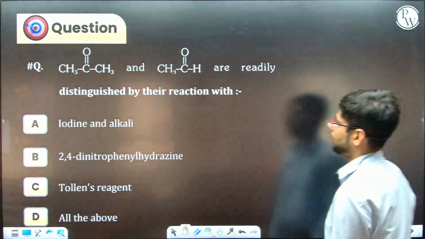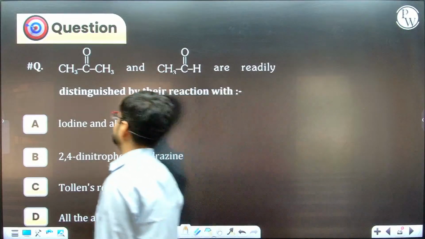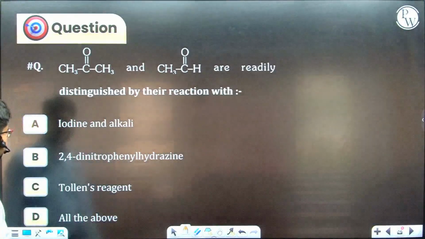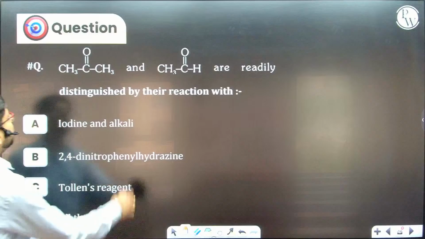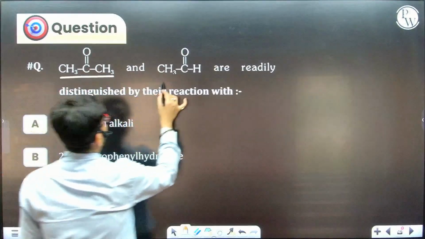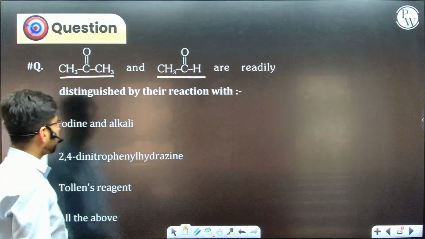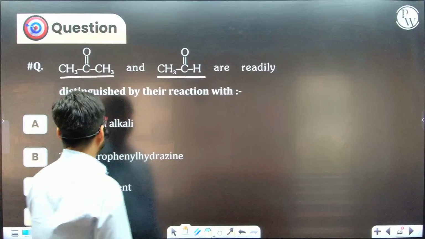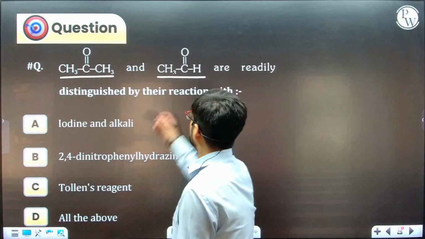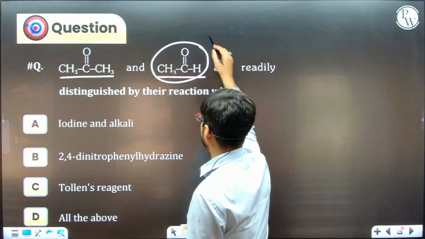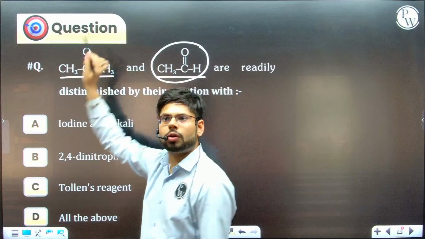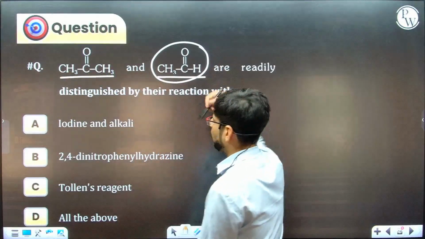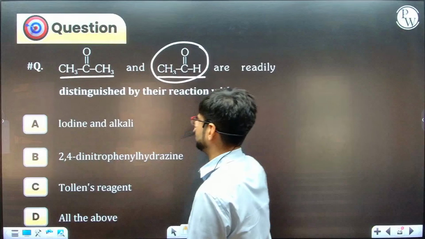Next question. Are readily distinguished by their reaction with. Okay. Again, this is a ketone. This is an aldehyde. So, Tollens reagent will be used to distinguish, because this will undergo reaction with Tollens reagent. This will not. We can also use Fehling solution for distinction.